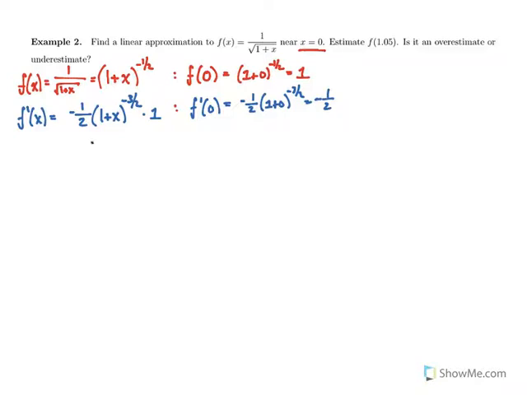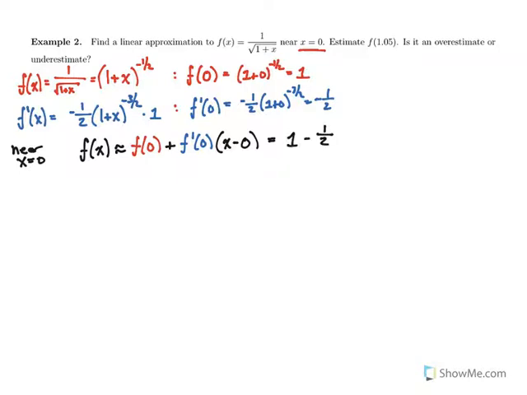So our tangent line here is, we can say f of x is going to be approximated by f of 0 plus f prime of 0 times (x minus 0). This is only near x equals 0. So this is going to be 1 minus 1/2 x is going to be our tangent line.